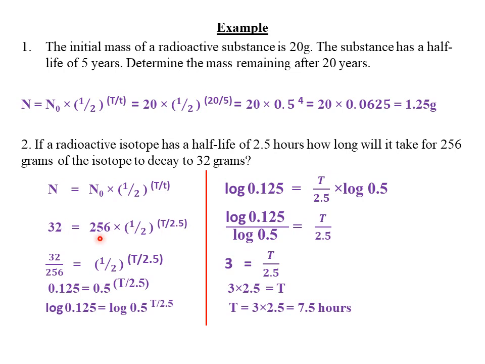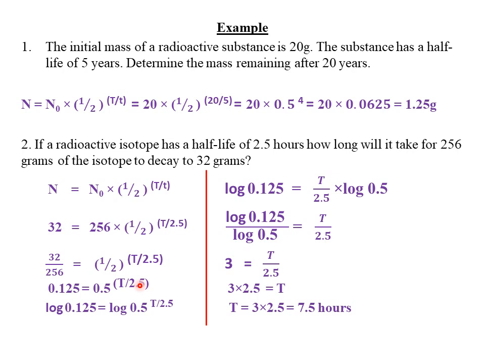On dividing both sides by 256, I have 32 divided by 256 being equal to a half to the power of total time taken, capital T, divided by the half-life, which is 2.5. If you take 32 divided by 256, you get 0.125, which equals 0.5 to the power of the total time taken T divided by the half-life.